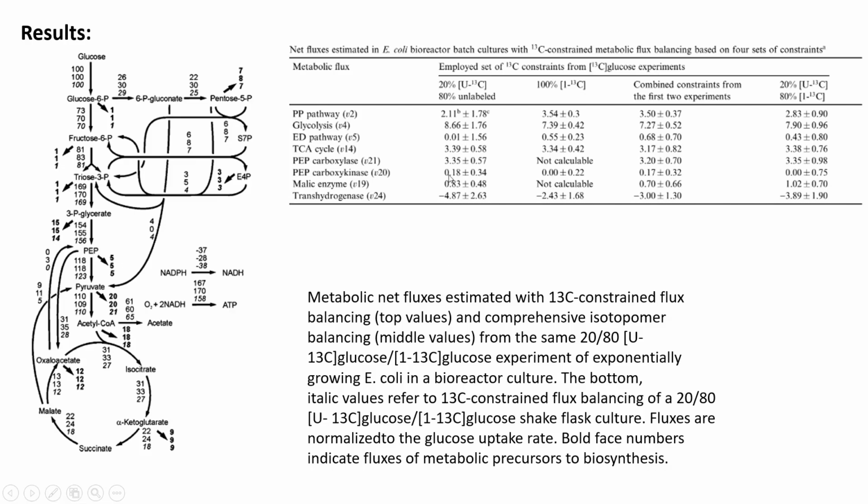This one is basically 20% 13C, 80% unlabeled. This is 100% 13C, and then you combine constraints from the first two experiments, and then you use the 20-80 experiment, 20% 13C and 80% unlabeled.